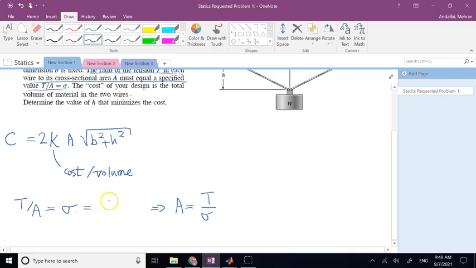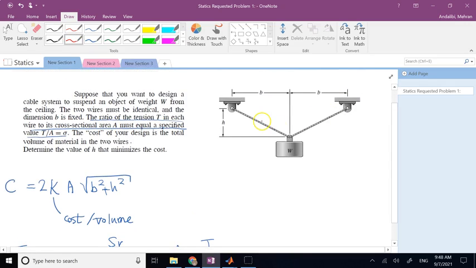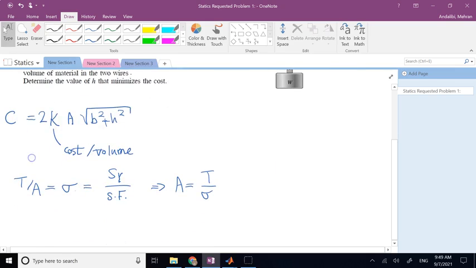So this constant here that you see, it says it's constant. This constant has to be what we call the yield strength of the material divided by a safety factor. So if you chose already the material for the wire, it has a specific strength and you need some safety factor. So if the cable is not perfect, or anything goes wrong, or the weight is a little bit more than what it is, or any uncertainty in the design or the application comes, the cables don't fail.